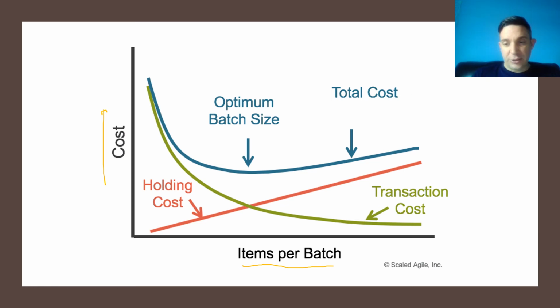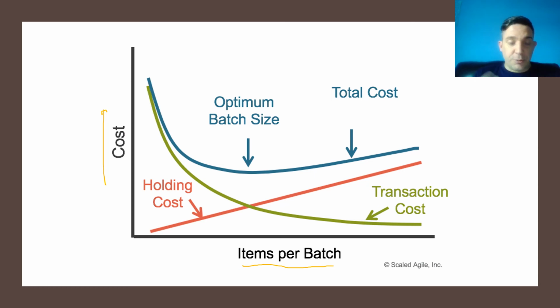The transaction cost is the actual build cost. So low volume is going to cost a lot of money. The more we make, we're absorbing the costs here, and we're going to eventually get to a point across here where the transaction cost, the actual making costs, are as low as they can be.